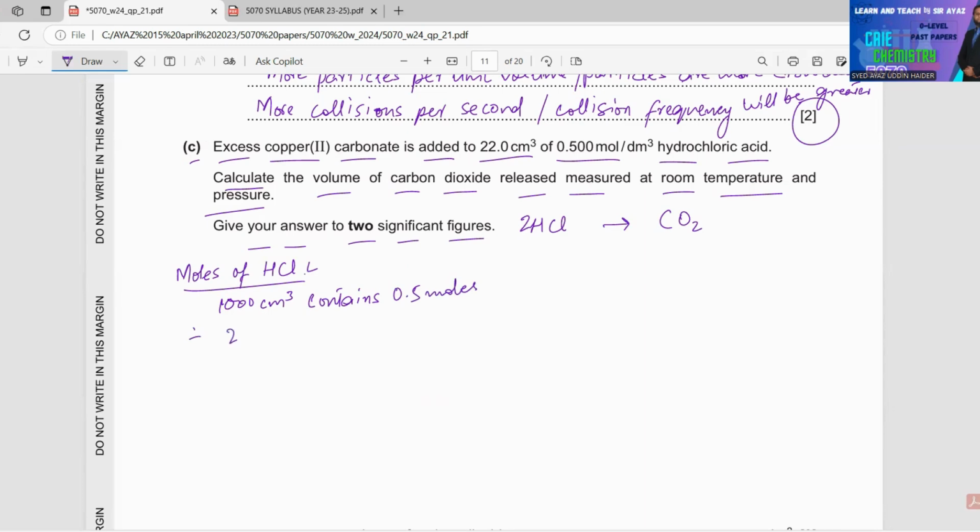Therefore, 22 cm3 contains X moles. Do the cross multiplication and the equation will be like this: X is equal to 0.5 multiplied by 22 divided by 1000.